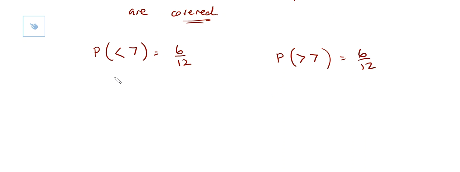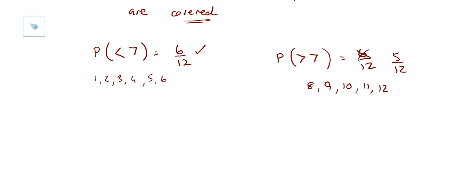What numbers are less than 7? 1, 2, 3, 4, 5, 6. So 6 from 12? Good. What numbers are greater than 7? 8, 9, 10, 11, 12. So 5 from 12. They are not complementary events. Why? Go on. 7's not included. It's not. It's only 6.